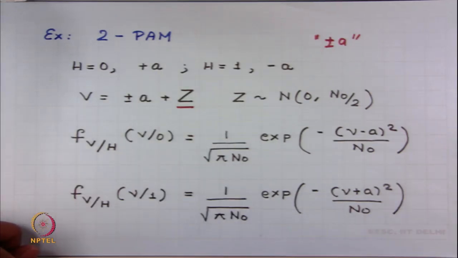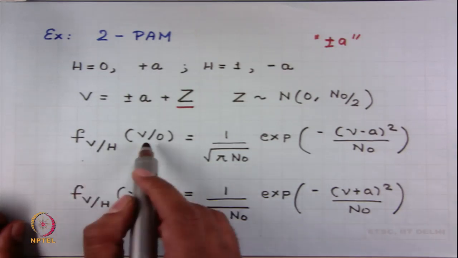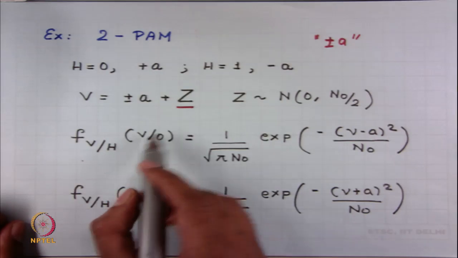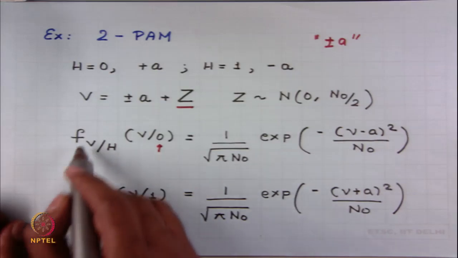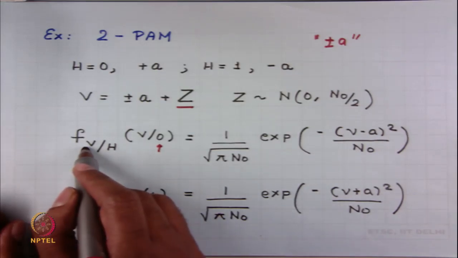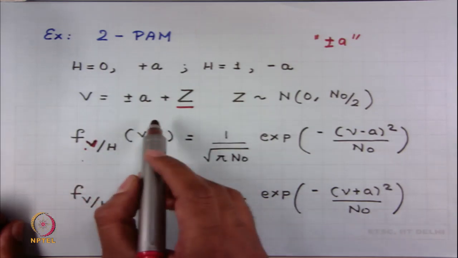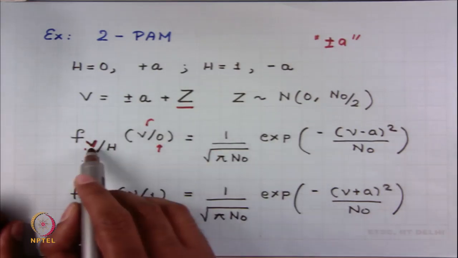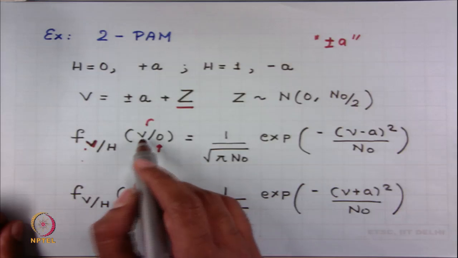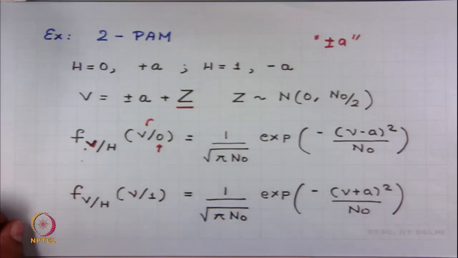So, the first step is to identify the likelihood, and first we are finding the likelihood given that hypothesis 0 has been sent. This is the conditional probability density function of random variable V given H. What we are identifying is that if we have received the numerical value of the random variable as a small v, what is the probability density function given that hypothesis 0 has been sent.